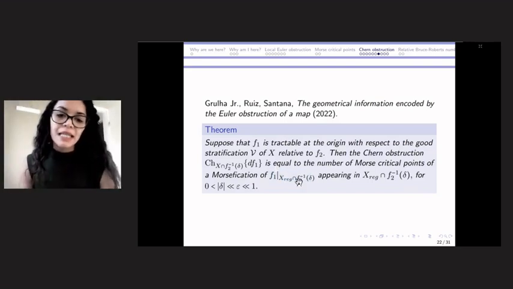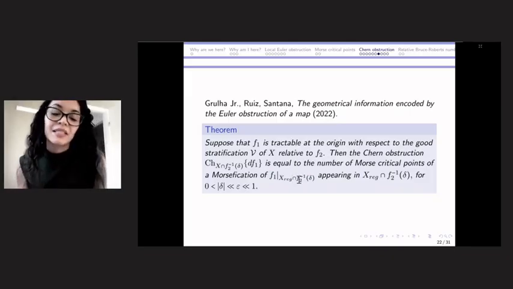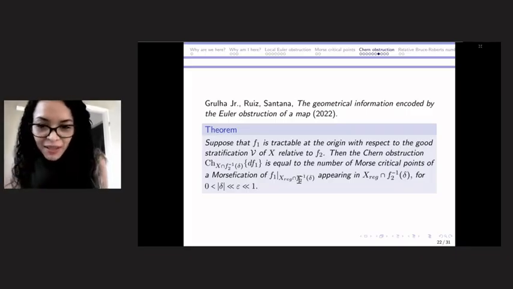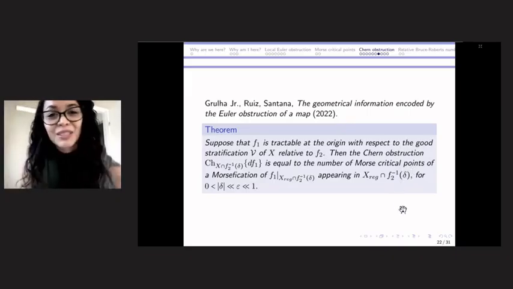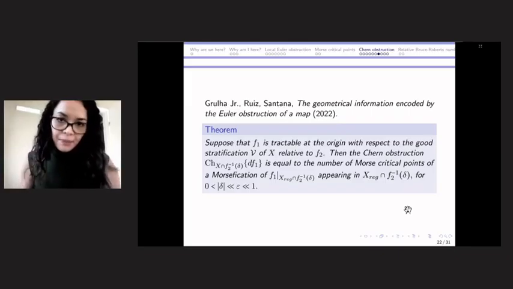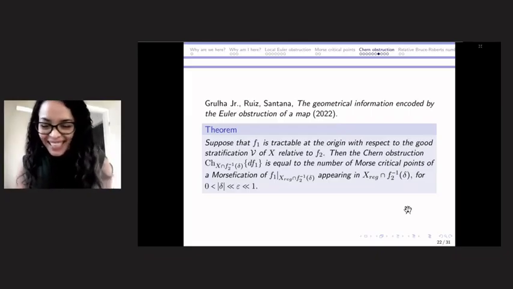This is merely to understand that when you're looking at non-degenerate critical points, you are looking also at non-degenerate special points. It is convincing, I know, but this is done in detail, okay?